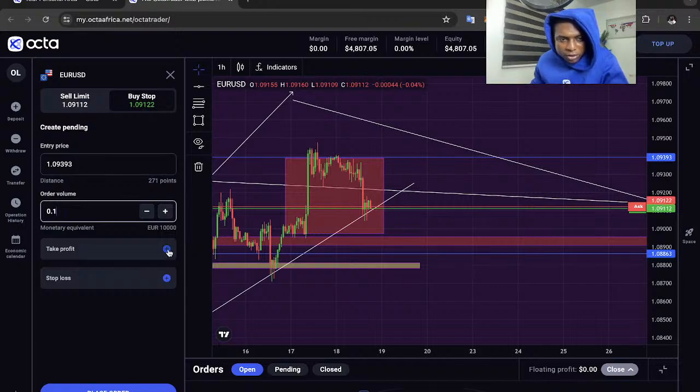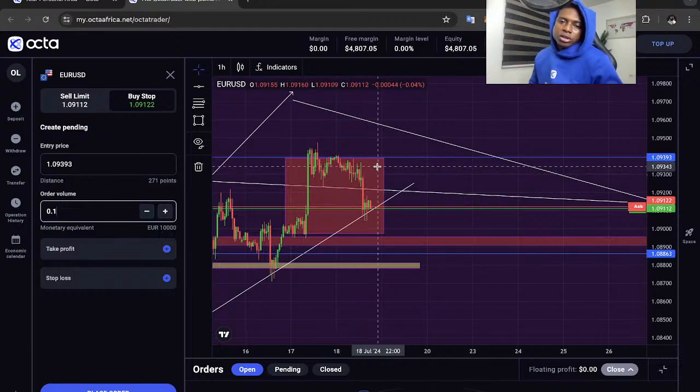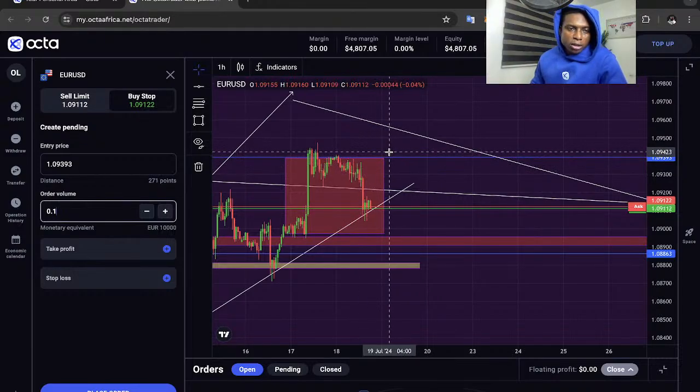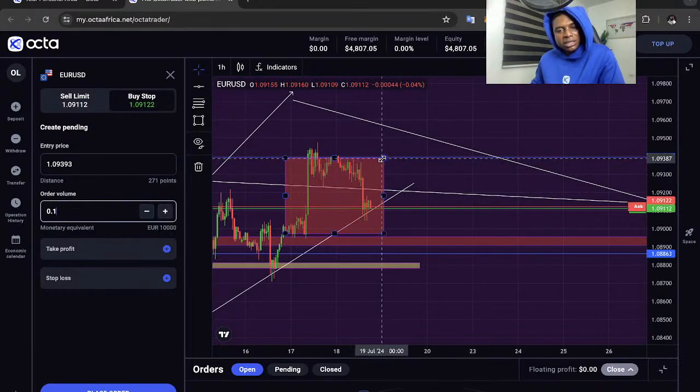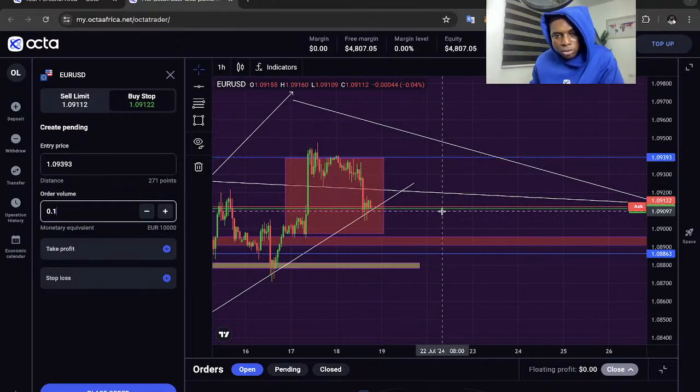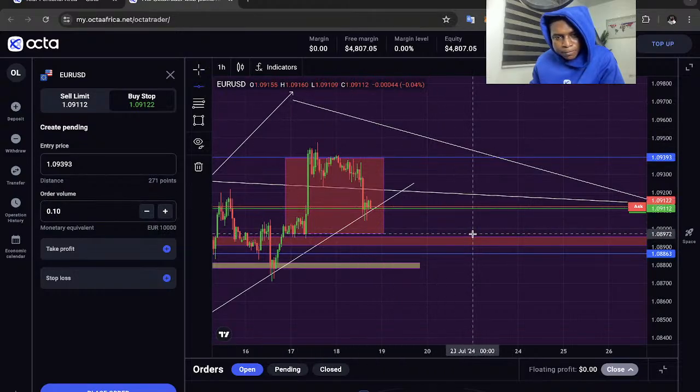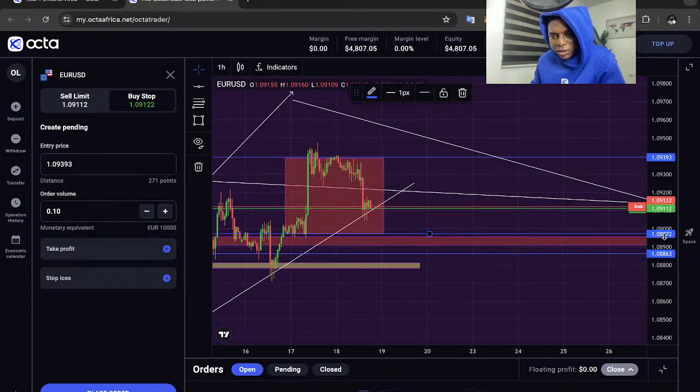Do I want to set take profit? Do I want to set stop loss? Should the market not go in my direction and my trade is activated, I want to get stopped out at this level, 1.08972.